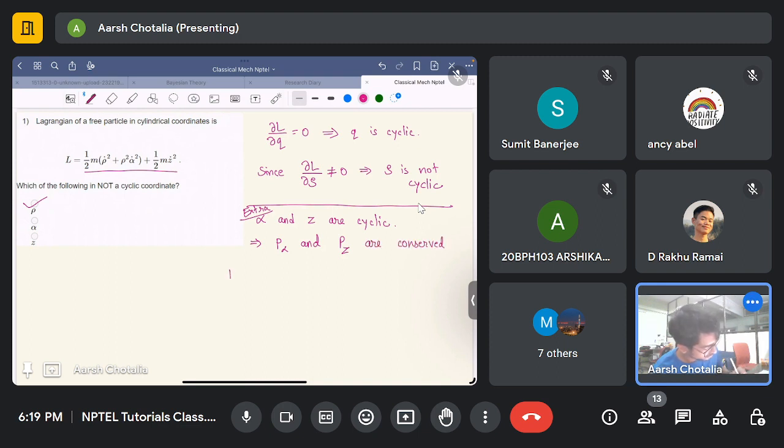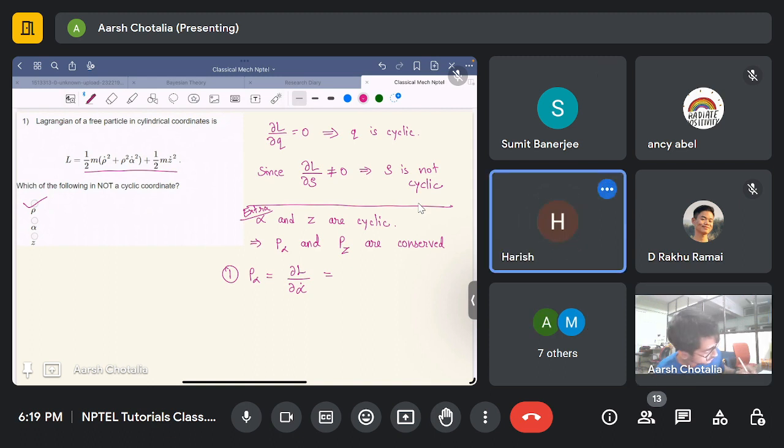So let's first calculate p alpha. Can someone say what p alpha would be? The definition is partial of L with respect to alpha dot, right? Anyone? m rho square alpha dot.